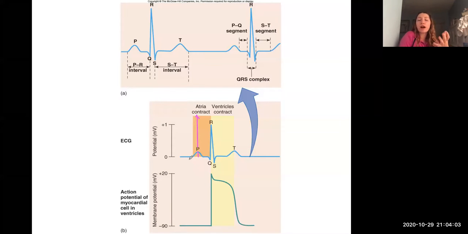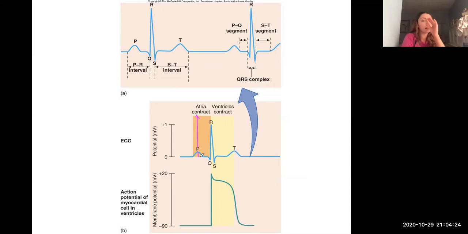Once they contract, they basically twist and squeeze the rest of the blood in through the AV valve into the ventricles. And that's why it only takes a little bit, so that it goes to the AV node, then the AV node spreads it, waits a couple seconds. You see how there's a little couple seconds right here that is just waiting.